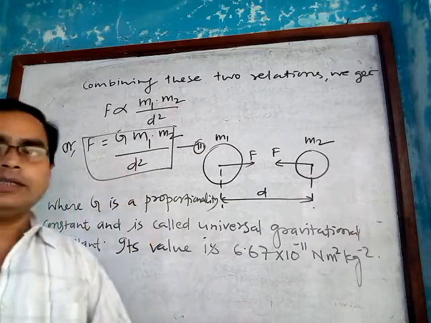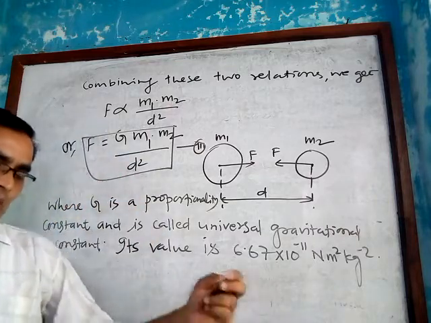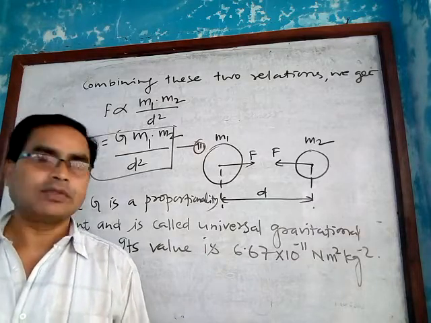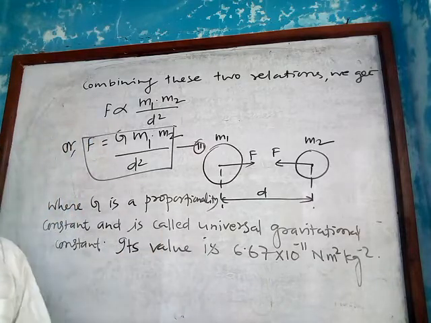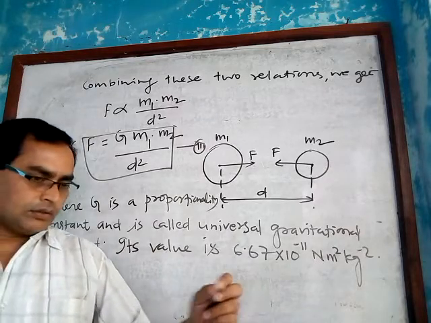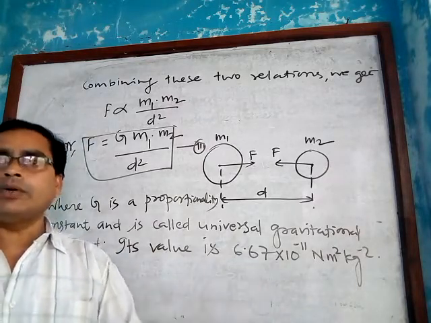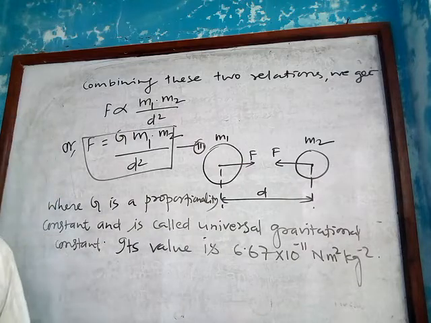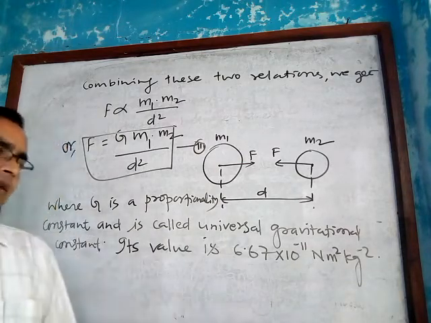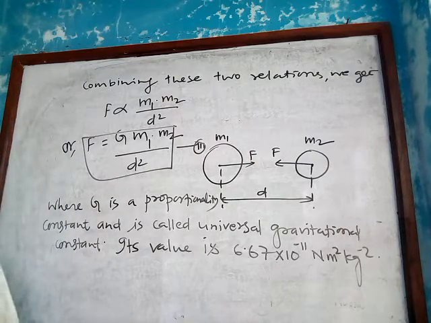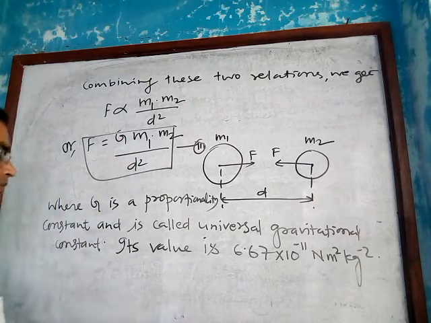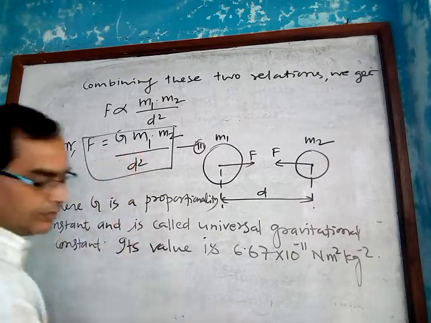And that is why when two bodies are placed a certain distance away from their centers, they are not being noticed moving towards each other, because of the small value of G.